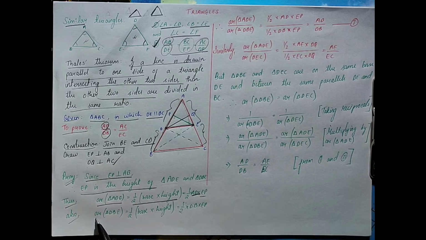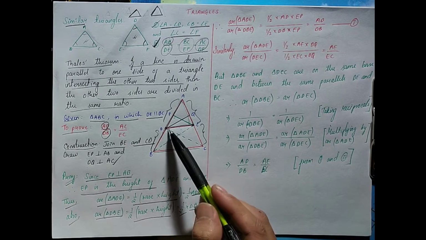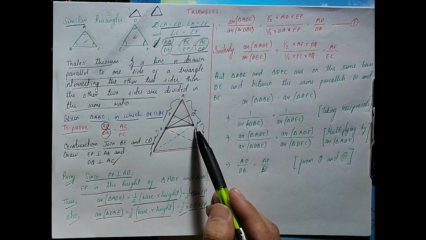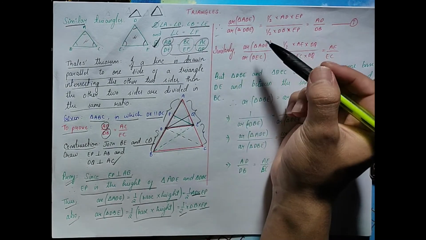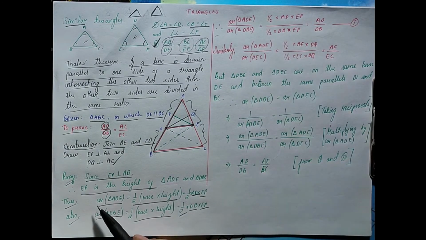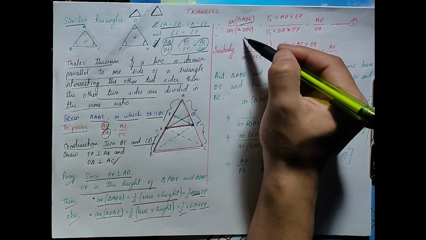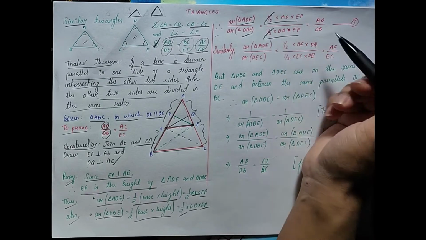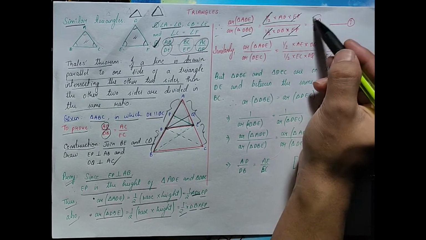Also, area of triangle DBE is half into base into height, where base is DB and height is EP again. Then if you divide area of ADE by DBE, half and half will get cancelled, EP and EP will get cancelled, and you get AD by DB.